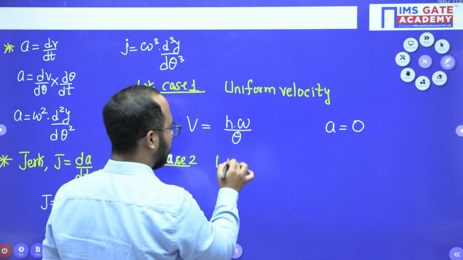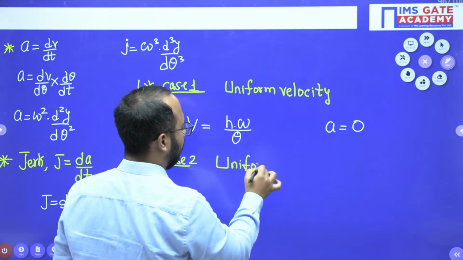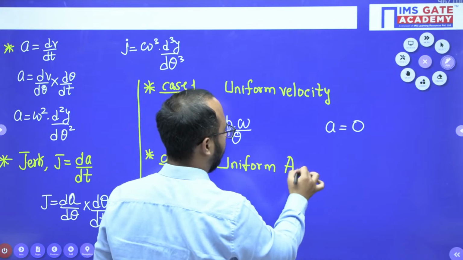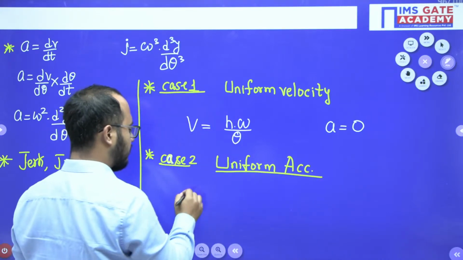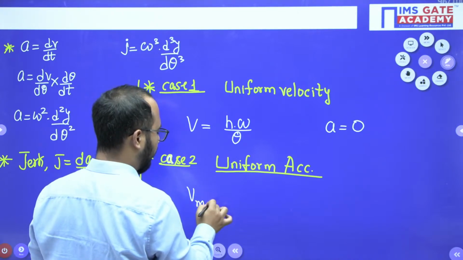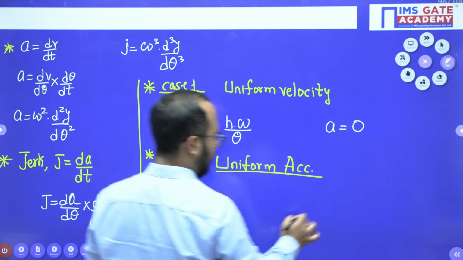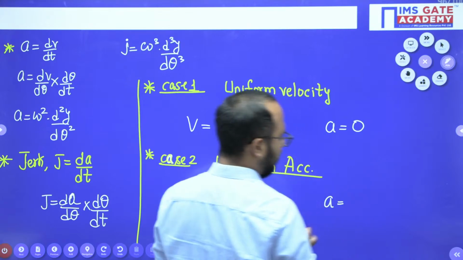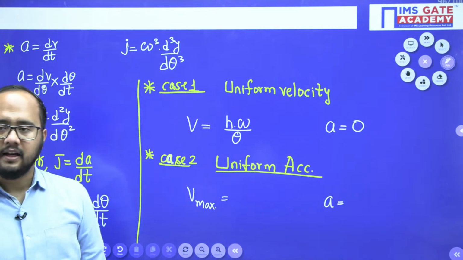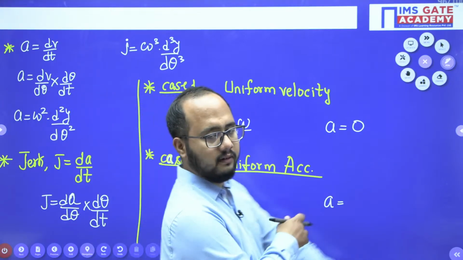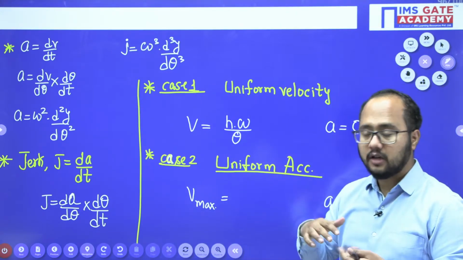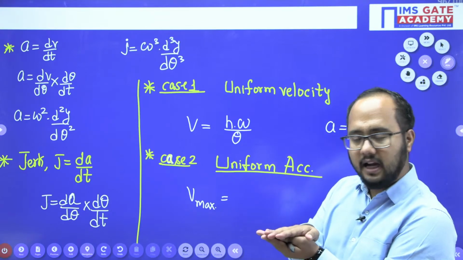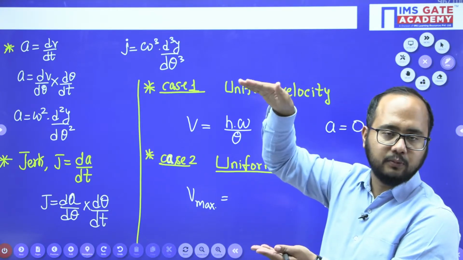Uniform acceleration. Now, in this case, you should first write the velocity, maximum velocity formula, and then acceleration formula. Now see, there is one important point. During acceleration, what will happen? See, we are saying uniform acceleration, but you should understand, follower will start the motion and it will come to the extreme position, right?